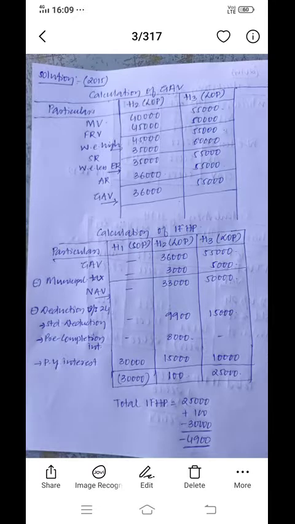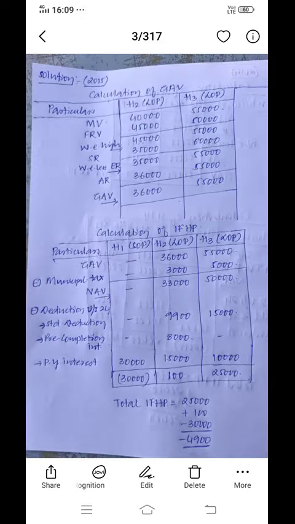So house 1 is a loss, house 2 is plus, house 3 also plus. So now you have to take the total income from house property. Plus 25,000 plus 100, that is 25,100, minus 30,000, which is the loss.